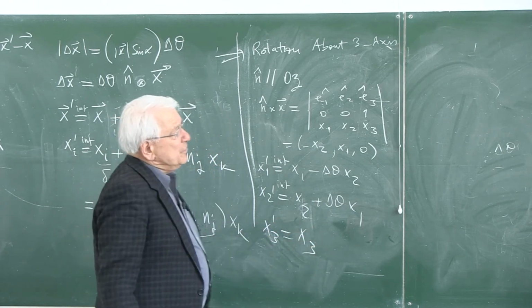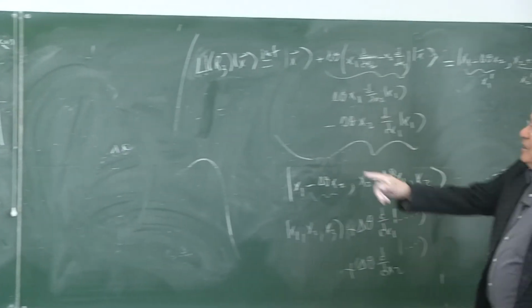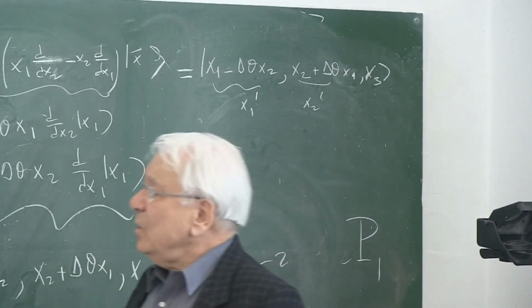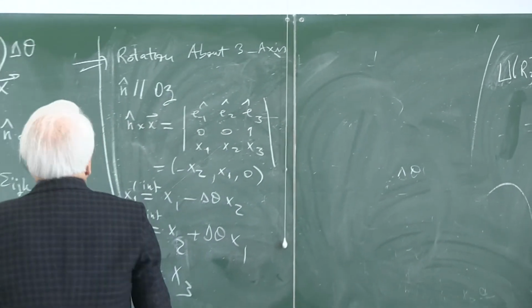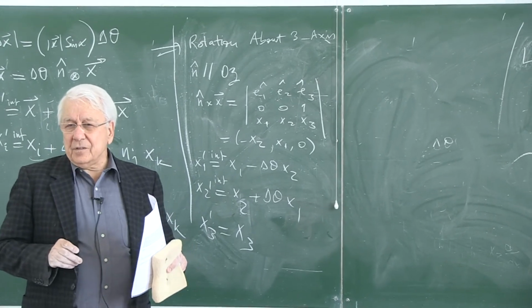It's not affected. Let's check. Is it the same? x1 prime is x1 minus delta theta x2, x2 prime is x2 plus delta theta x1, and x3 prime is the same. So indeed, L3 is the generator of the rotation about the third axis.